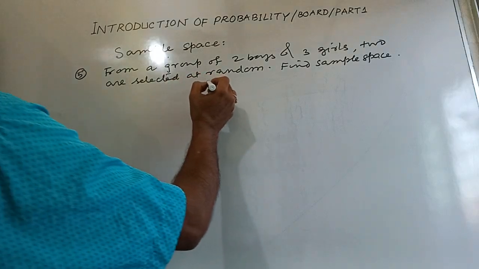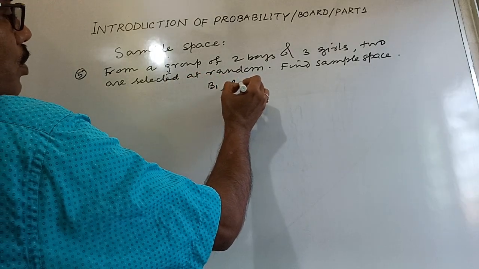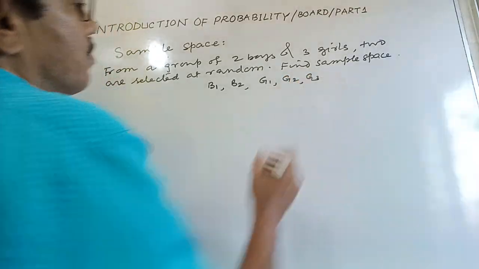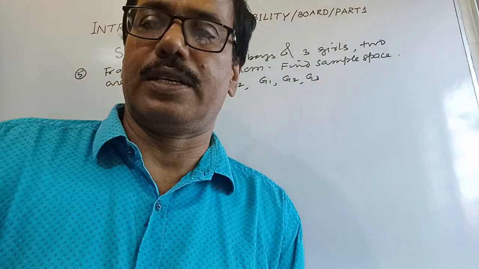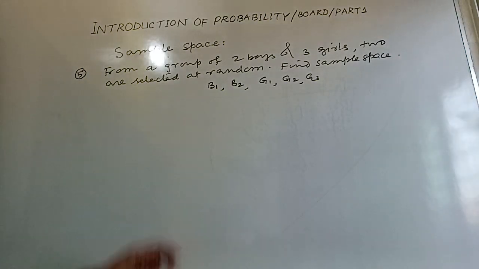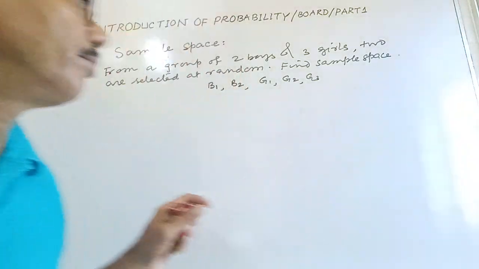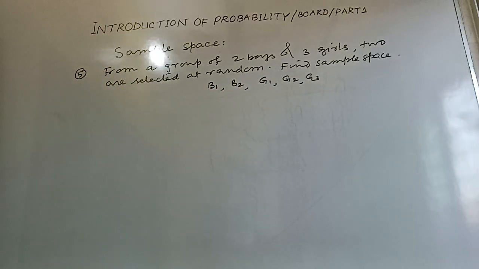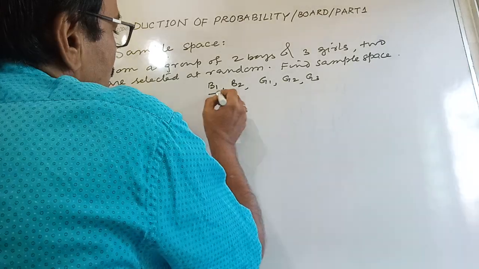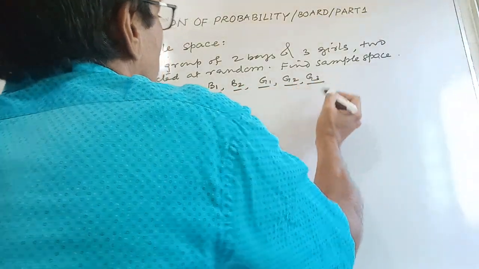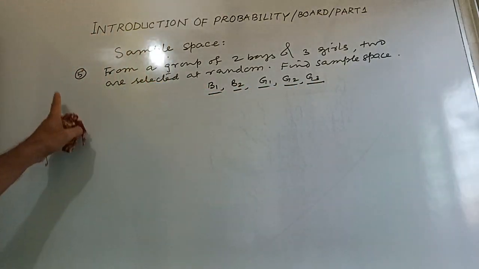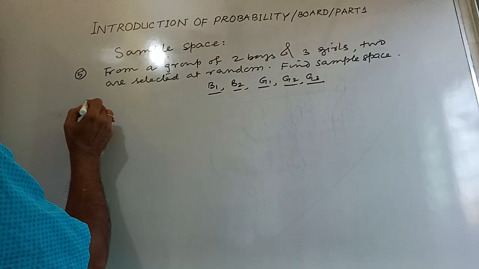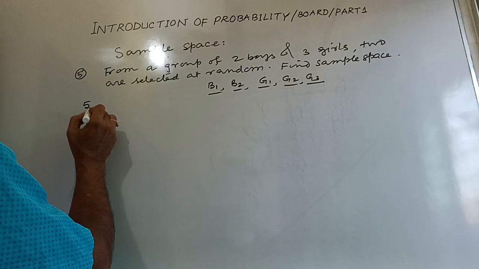Suppose boys are denoted by B1, B2 and girls are denoted by G1, G2, G3. So 2 are selected. If you know permutation and combination, then it will be very easy to know the total number of sample points. The total number of persons is 5 and you have to take 2 at a time.